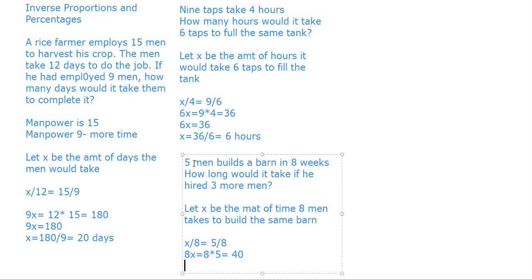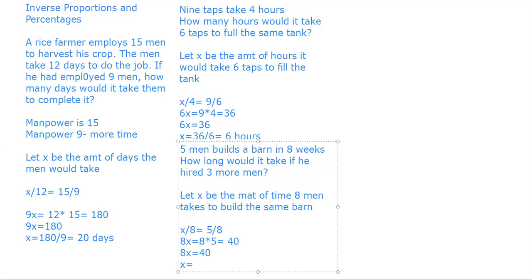And that will be 8x is equal to 40. And x will now be equal to 40 divided by 8, which is equal to 5 weeks. Awesome. Hope you are understanding the concept behind the inverse proportion.